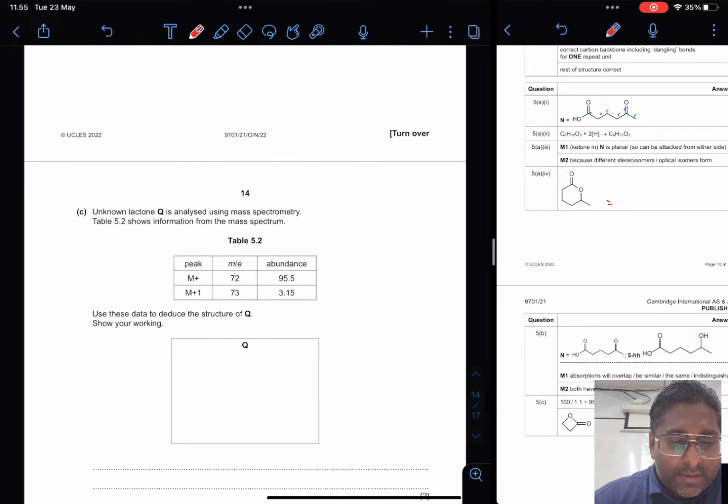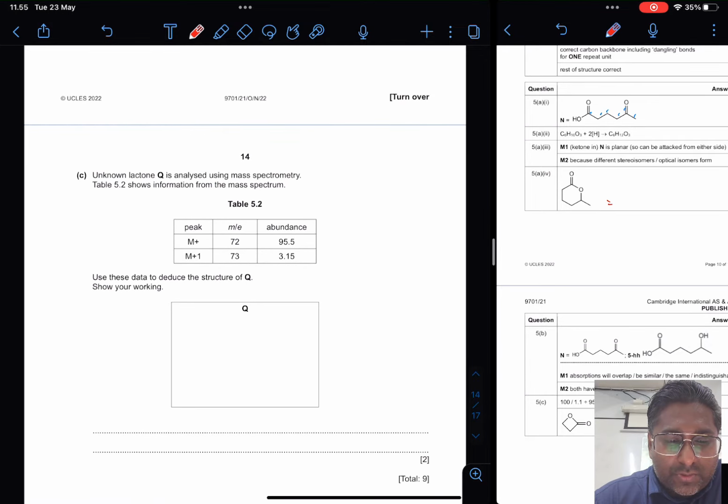Now, next, unknown lactone Q is analyzed using mass spectrometry. So here they have given you the peak for M plus, and then M plus 1. We need to deduce the structure of Q. What we can do from this data is to find the number of carbon that is involved in this molecule. So how to find?